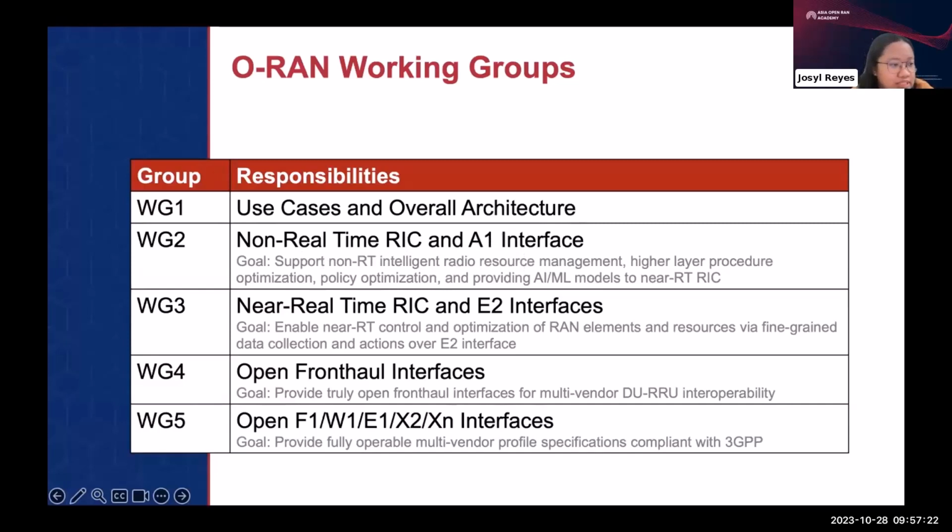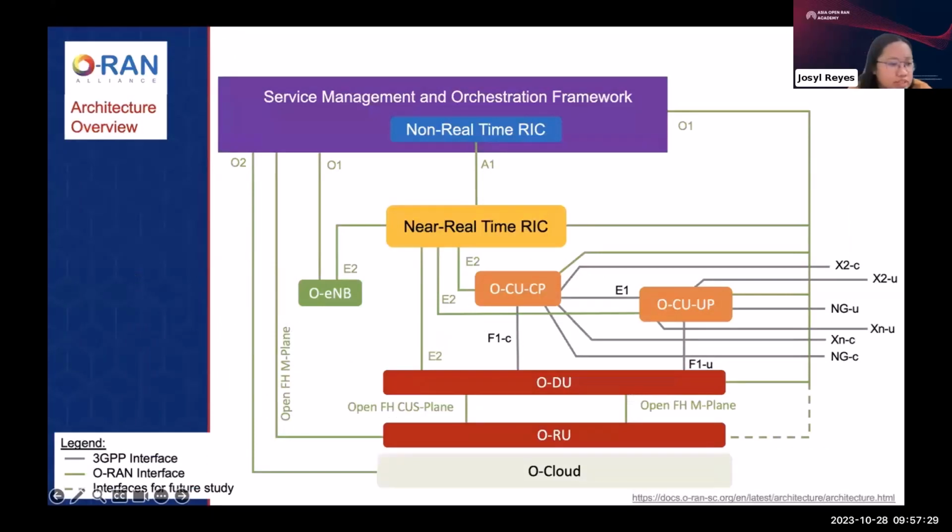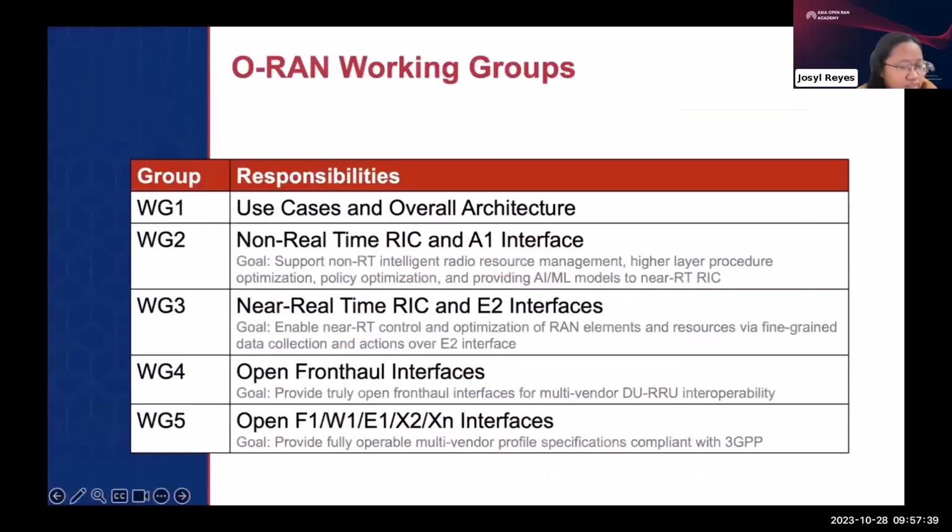If we go back to the reference architecture, the A1 interface is this interface here, connecting the two RICs. The specifications and details on this are prepared by working group 2. This is their focus.